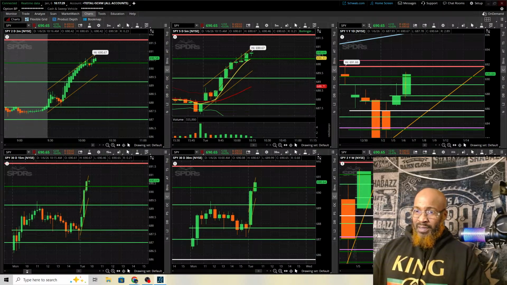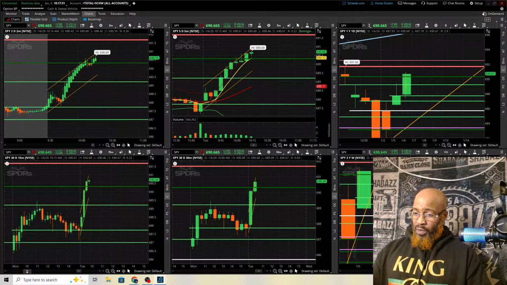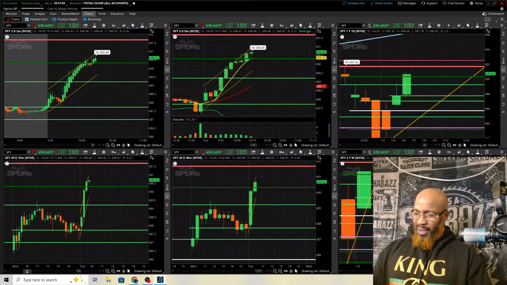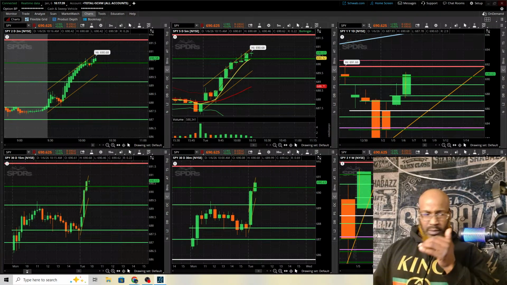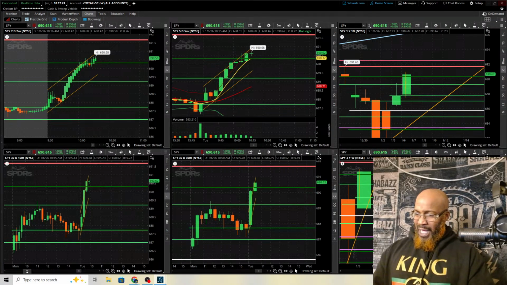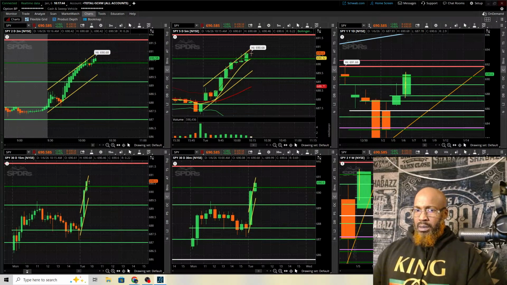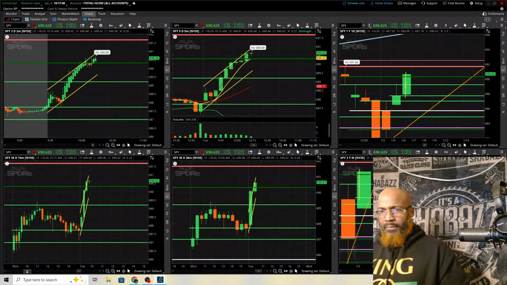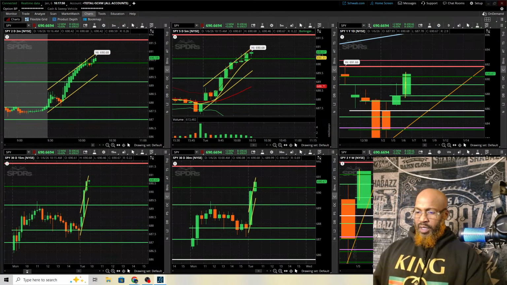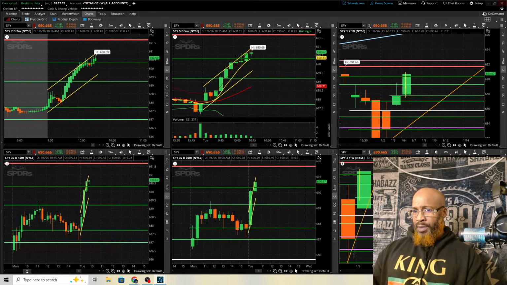Market still at the top of this controlled buying algo, and it's just been hanging there, literally hanging there. I'm going to go ahead and change the color so you can see it just a little bit better.